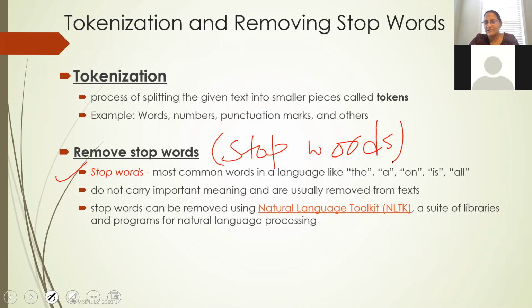When you remove these stop words, you will see a huge amount of data reduce into a small data set, because these words are not adding anything very meaningful. For stop words removal and for tokenization, we use NLTK, the Natural Language Toolkit. So this is another pre-processing step.